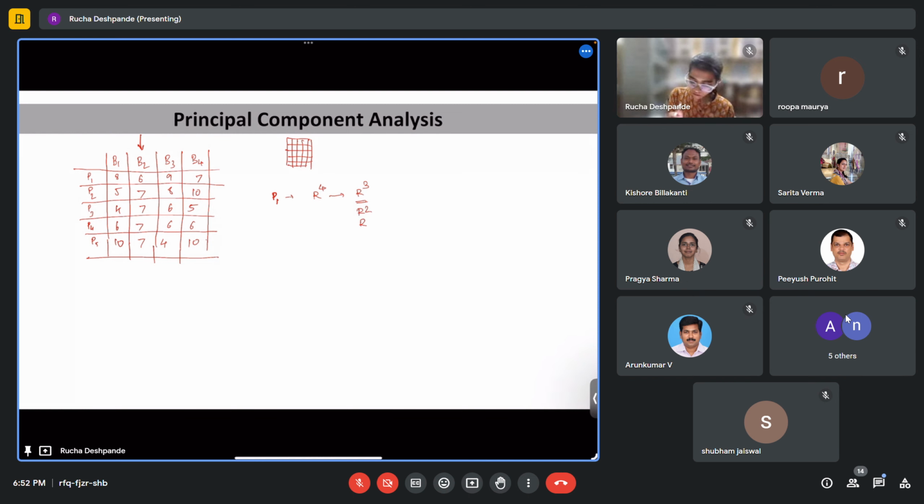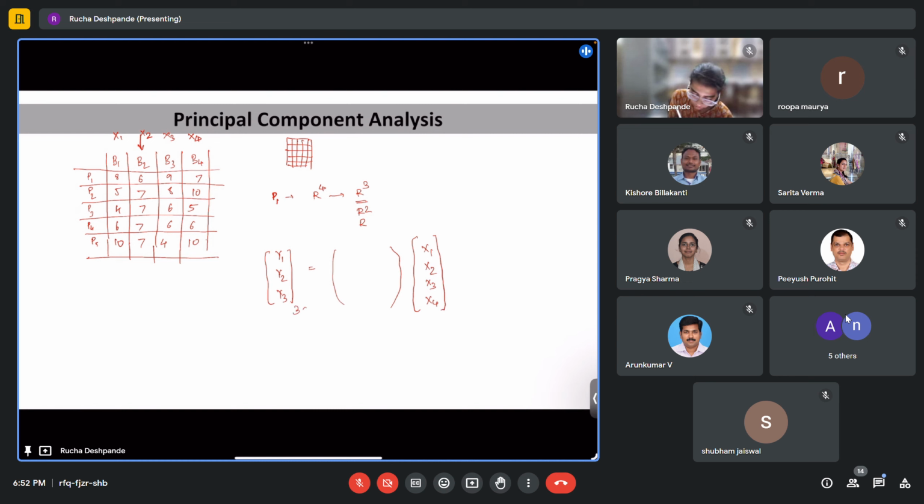So how this transformation will go is, if this is my x1, x2, x3, x4, and in the result I want only 3 bands, this would be my transform data. Right.